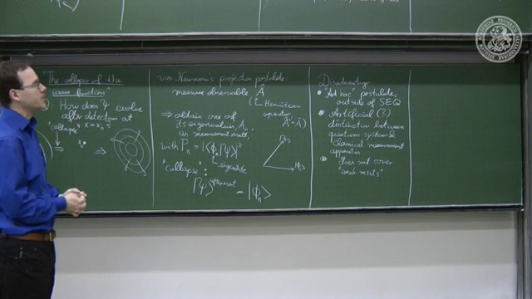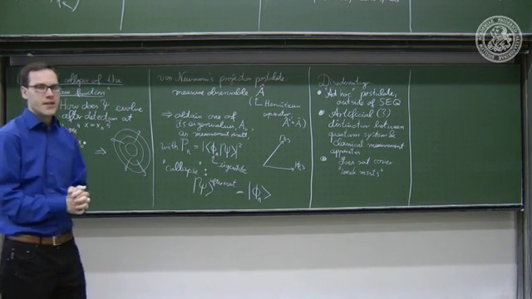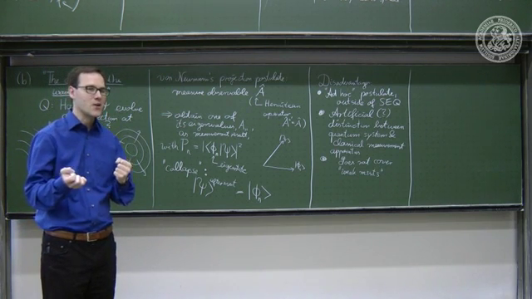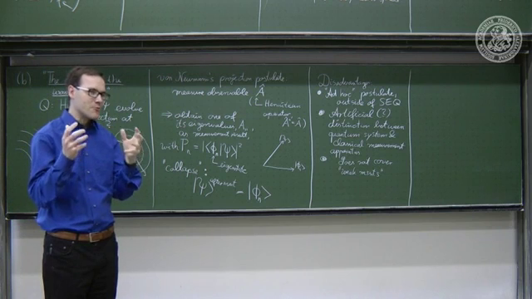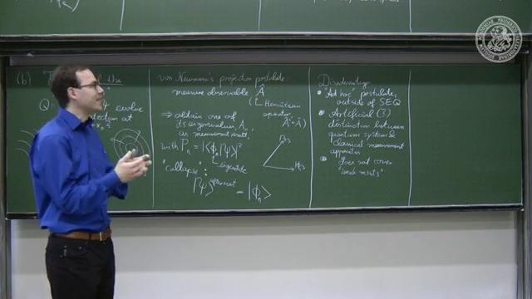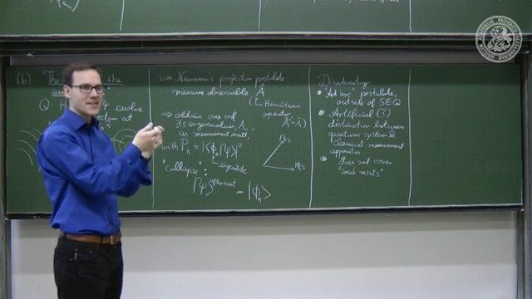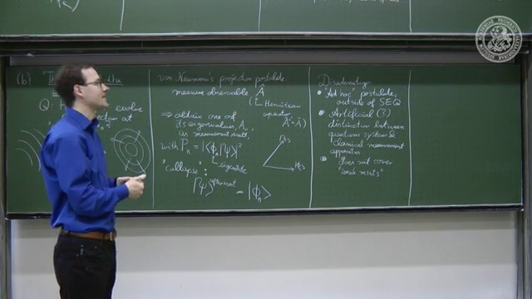But now we want to come back to the statistical interpretation, and we want to ask the question that you should always have as a good physicist, so what happens really? Why is it that there is this statistical description? What is behind this statistical description?